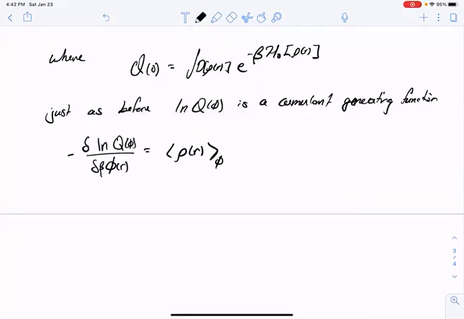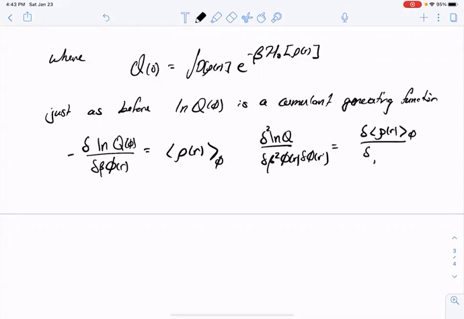If I take the second derivative at the field at r, and I'm free to take it at a different r, say r prime, that is how the average density at r, the presence of the field, changes with a field at r prime.